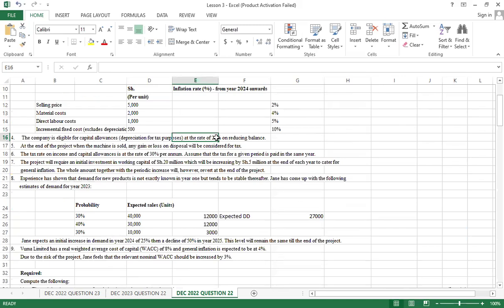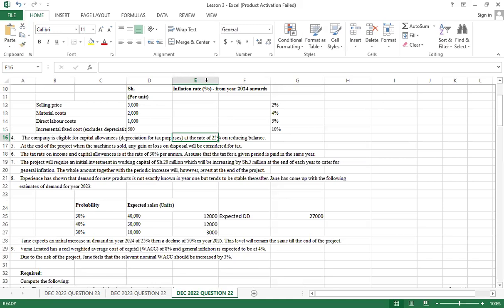And normally, when we talk of capital allowance, what is this? This is the allowance that you grant on the assets you use to run your business. It's that allowance that you grant instead of depreciation expenditure.